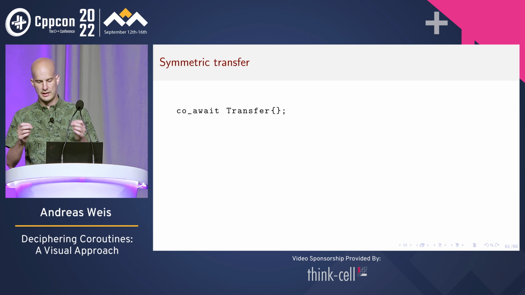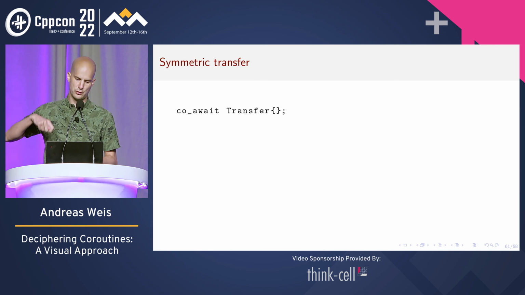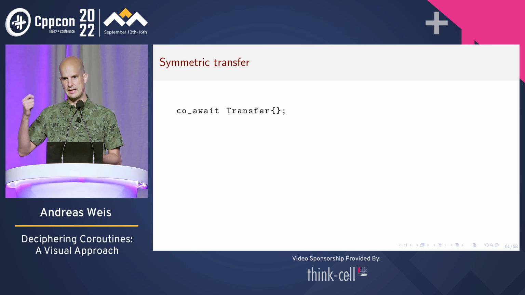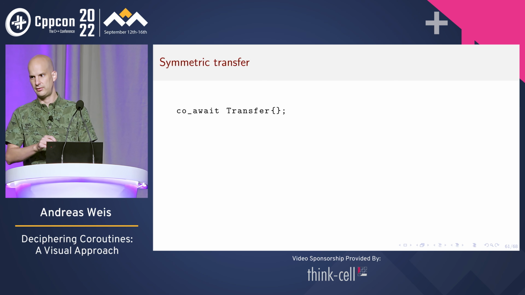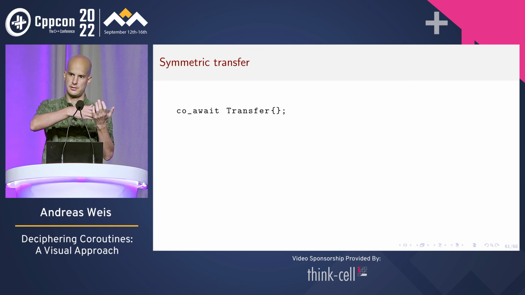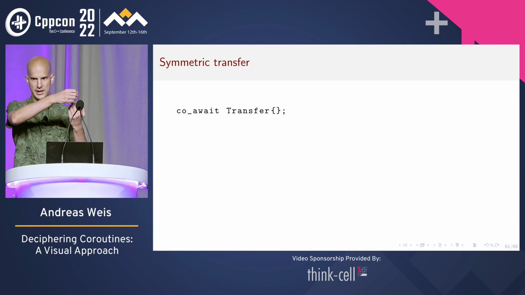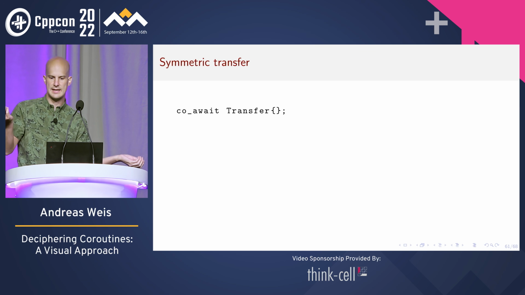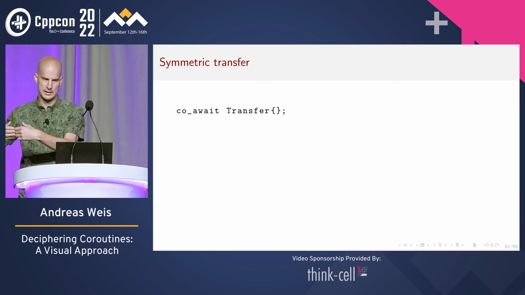But what I can also do, which is quite useful in a number of cases, is that instead of handing the control back to the caller, I can hand control back to another coroutine. So if you imagine you have two coroutines, both of them are suspended. Now you wake the one coroutine up, and then when that coroutine goes into suspension, instead of handing control back to the caller that resumed the execution on that coroutine, you instead hand the control over to the other coroutine, and then that continues execution.